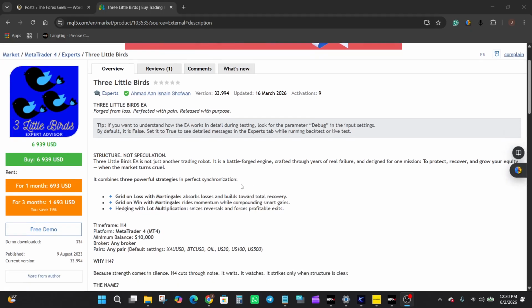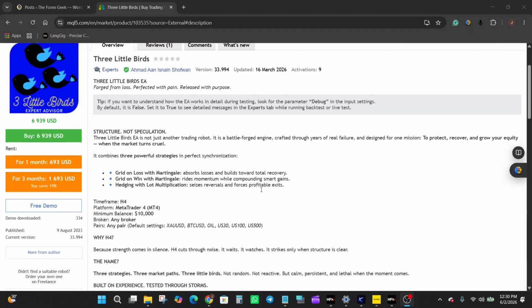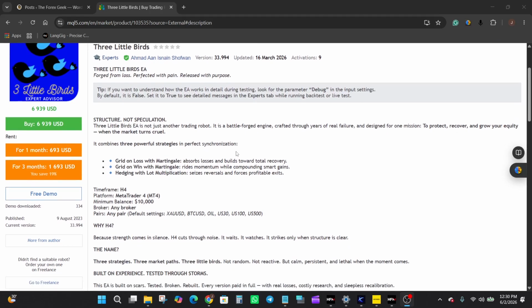From the description, this EA is presented as a structured trading system built around 3 combined strategies working together. It's also clearly designed for MetaTrader 4, and the developer emphasizes that it operates on the H4 time frame.